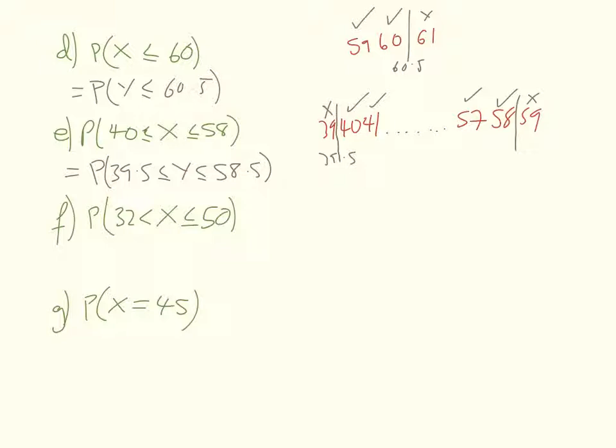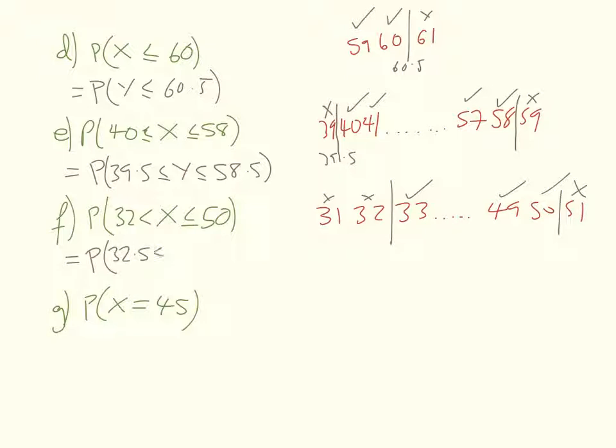On F, the numbers around 32, 31, 32, 33, up to the numbers around 50, so 49, 50 and 51. In this case, 32 is not included, but 33 is. 49 is included, 50 is also included, but not 51. So here we're going to be finding the probability that Y is between 32.5 and 50.5.